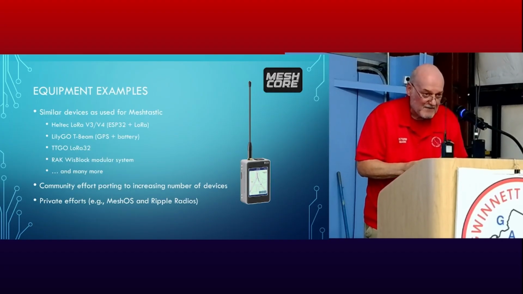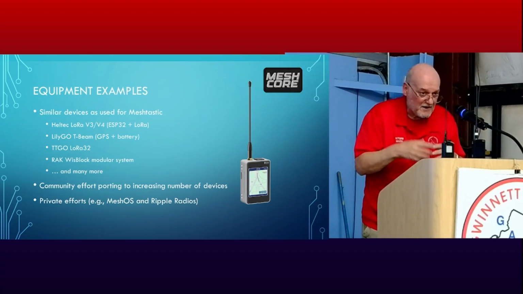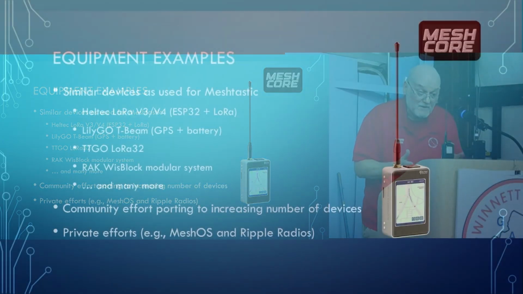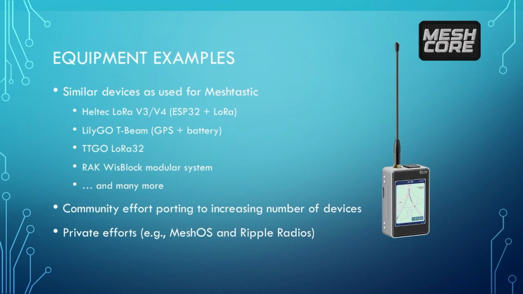Equipment, examples. If you saw Ed's presentation last month, I believe he showed equipment, Heltec expansion kit. By the way, I just ordered my 4th Heltec V4 expansion kit, which is that one. They've gone through a couple upgrades. One of the upgrades is they put a little micro SD card reader in the side of it.